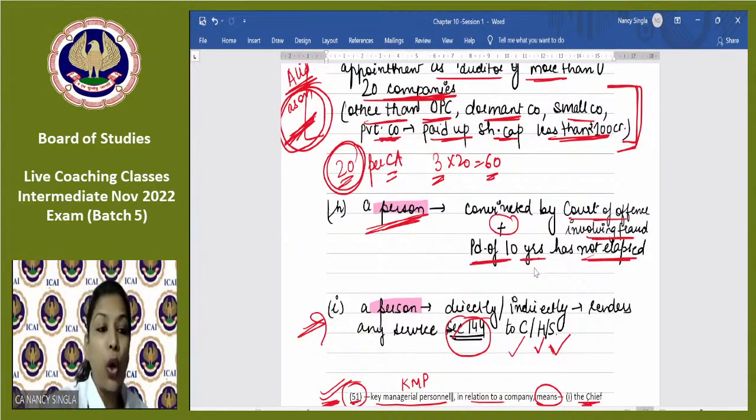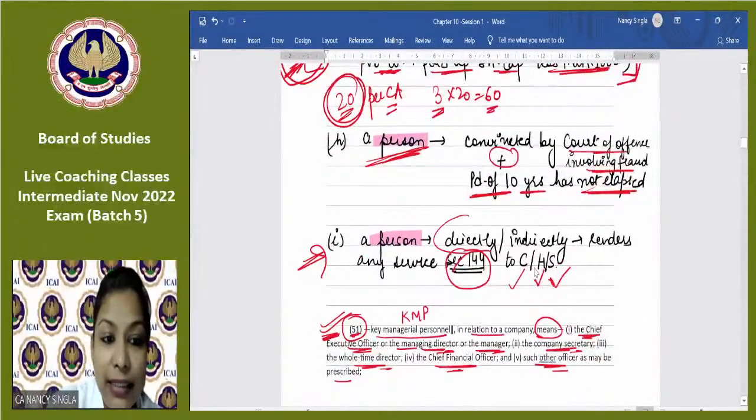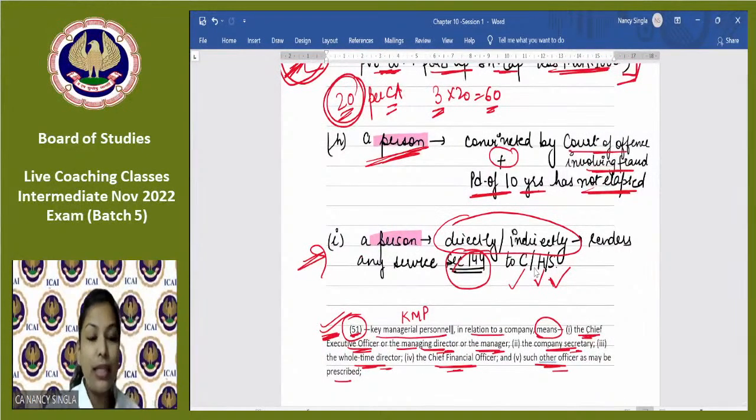Okay? So what are all those services? See, students, the term used here is directly or indirectly. So if CAX is giving any of these services, let's say for simplicity bookkeeping, to A Limited, either by himself, or through his relative, Mrs. X, who is also a CA, or through any other firm where CAX has a significant influence.